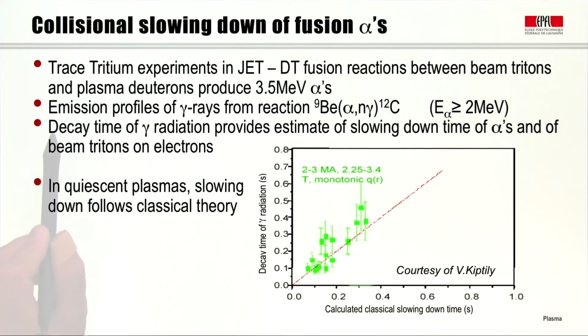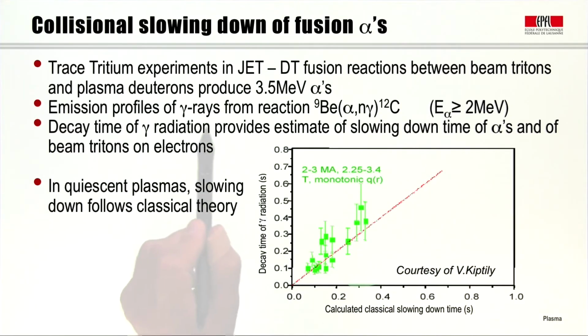What we're looking at in practice are the emission profiles of gamma rays, which are issued from the reaction of the high energy alphas with beryllium impurities that are present in the plasma. Now, the interesting property of this reaction is that it's a threshold reaction. In other words, it happens only if the alphas have a certain energy, typically above a couple of MeV.